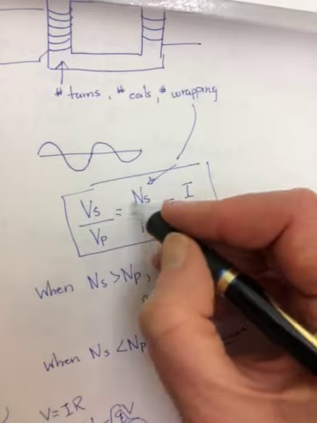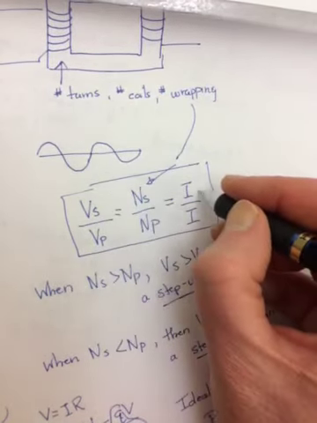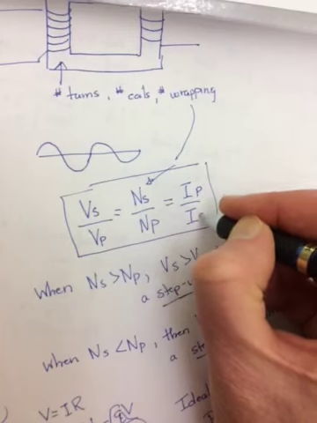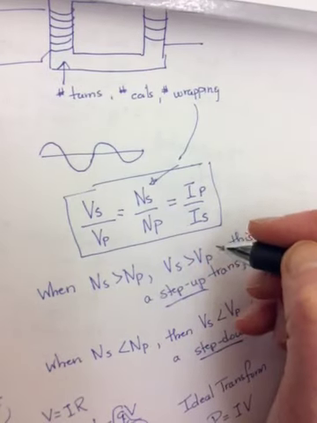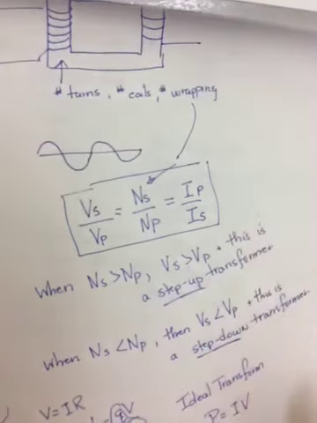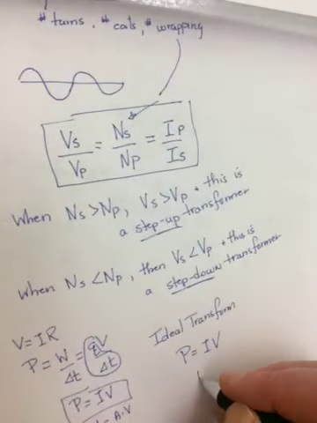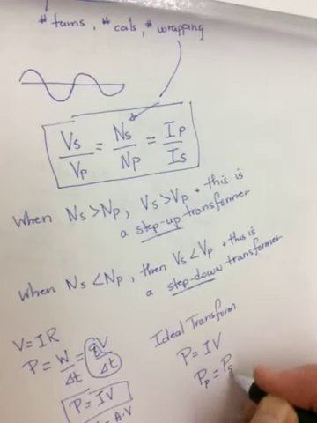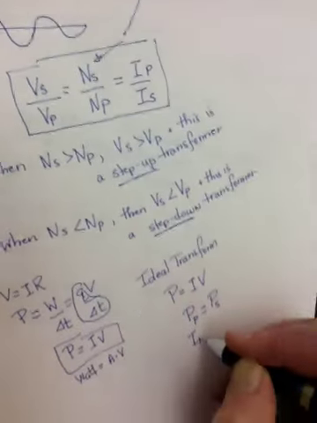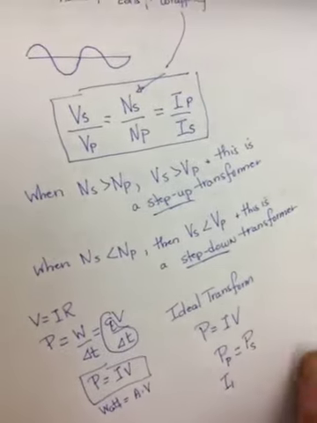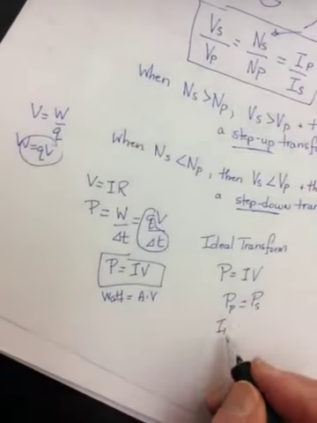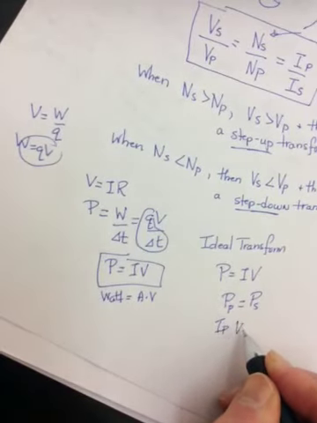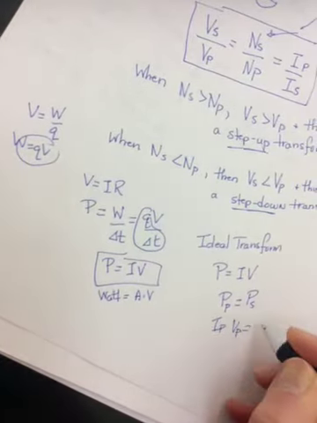They're inversely proportional. So it's going to be the primary on the top and the secondary on the bottom. Okay? And you would get that because in an ideal transformer, the primary power would have to be equal to the secondary power. So I primary, V primary has to equal I secondary, V secondary.